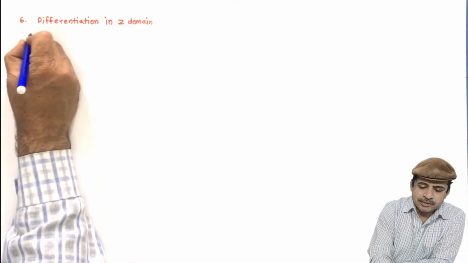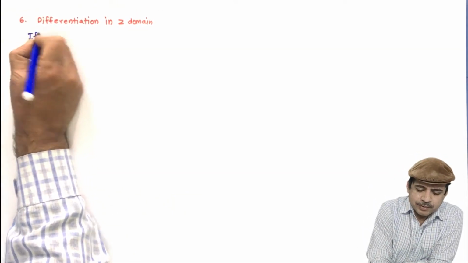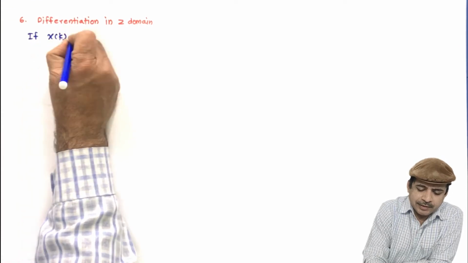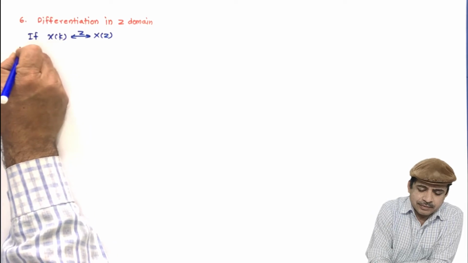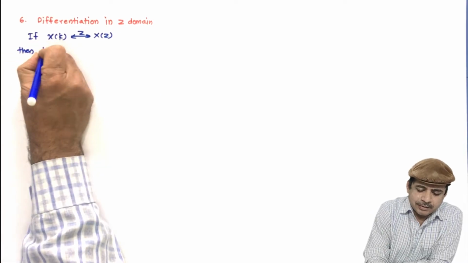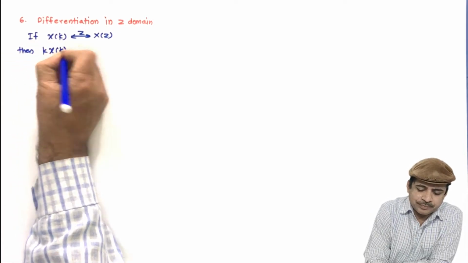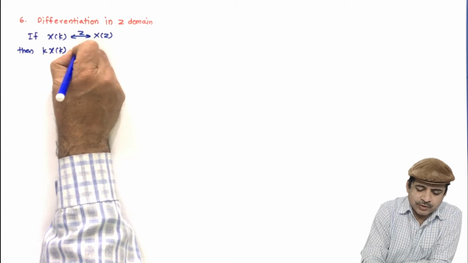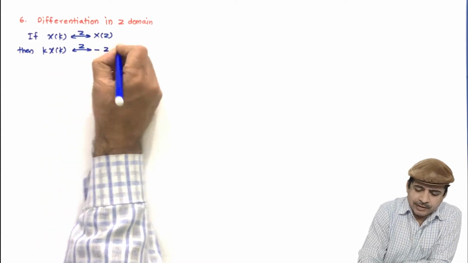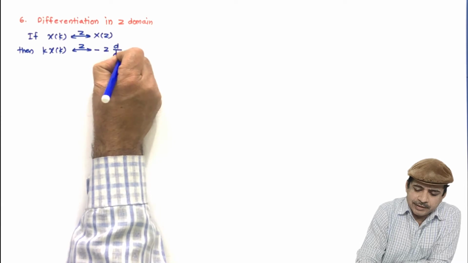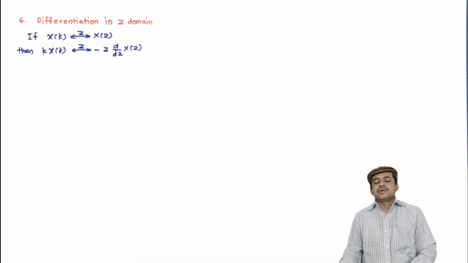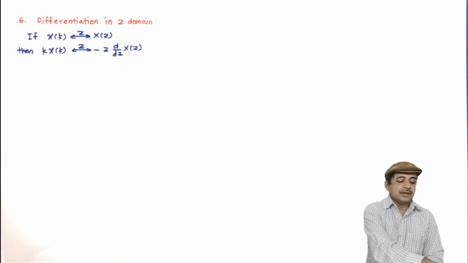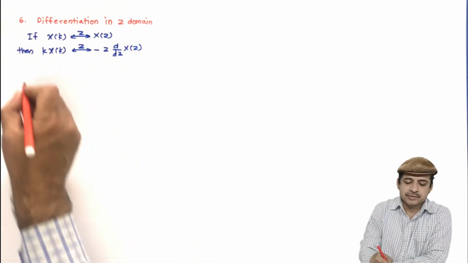What it says is, if you have a signal x of k, whose Z transform gives you x of z, then k x of k, when the z transform is taken, gives you minus z d by dz of x of z. First let us prove this property, and then we will solve some examples on it.